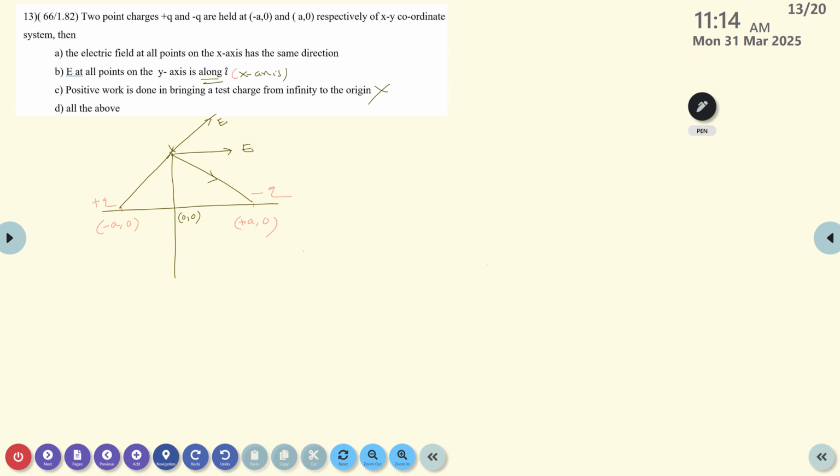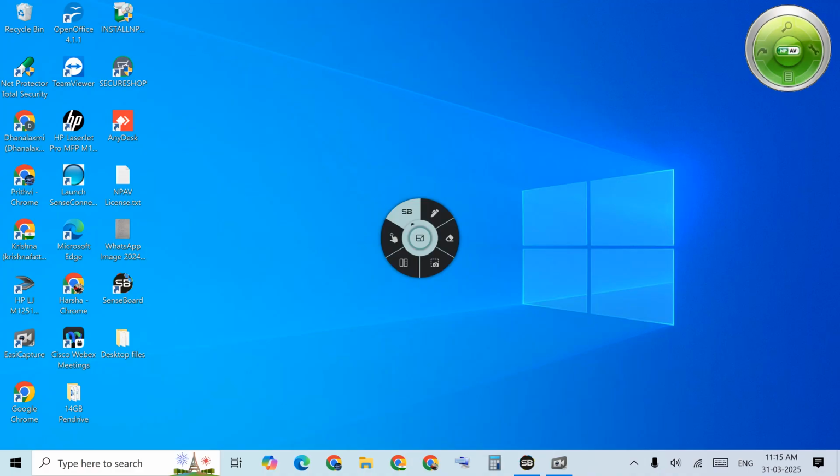This is E of resultant, acting parallel to the dipole axis, that is parallel to the x-axis. X-axis means i cap. So this is i cap. This is the right choice.